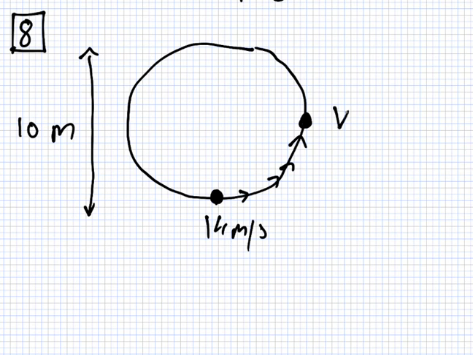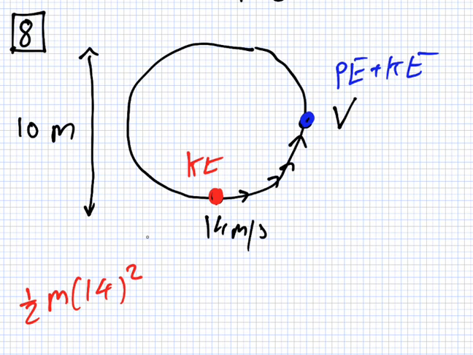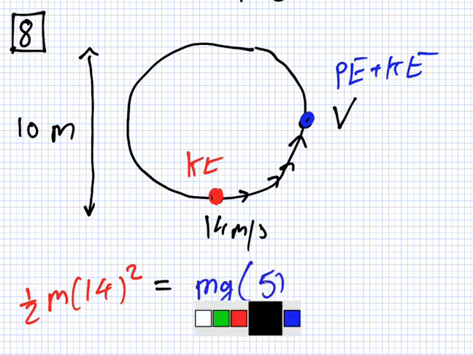What type of energy does the ball have here? And what type of energy does it have here? Kinetic. So the kinetic at the start is a half mv squared equals the potential plus kinetic later. So that's mg, what's the height? 5. Be careful because the 10 is to the top. They want it to the middle.